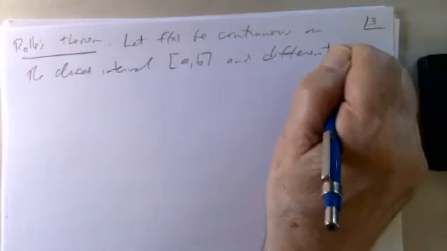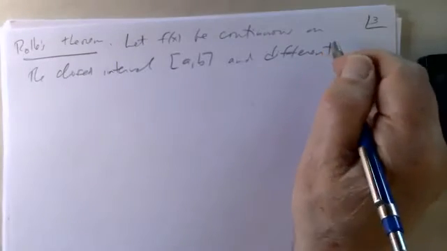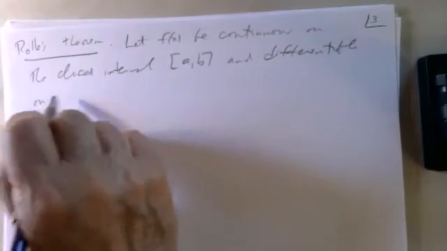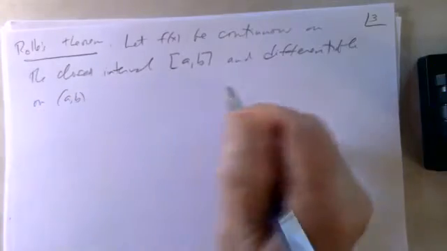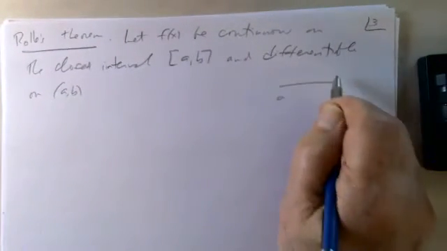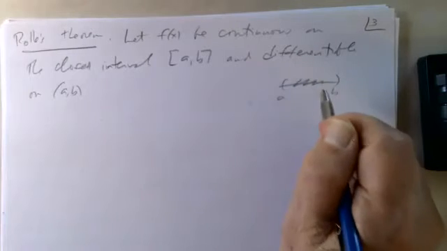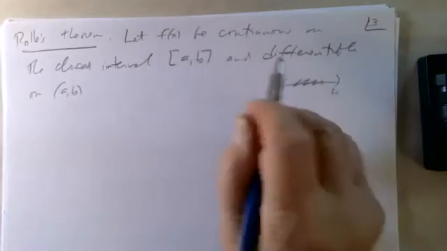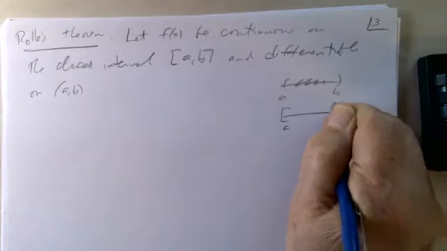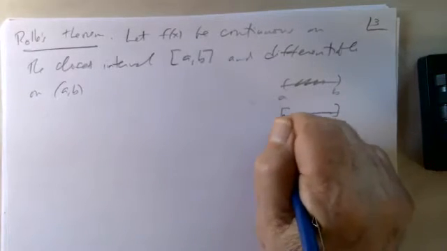So to have a derivative means, another way of saying that is the function is differentiable on the open interval from A to B. What is the difference? The open interval from A to B is everything between A and B, but not the endpoints. The closed interval from A to B includes the endpoints.